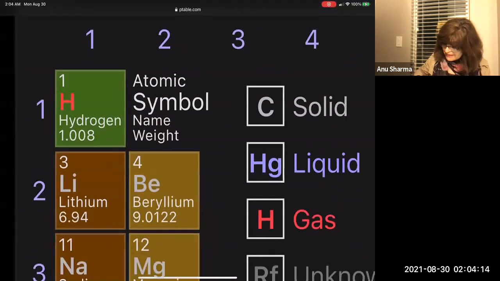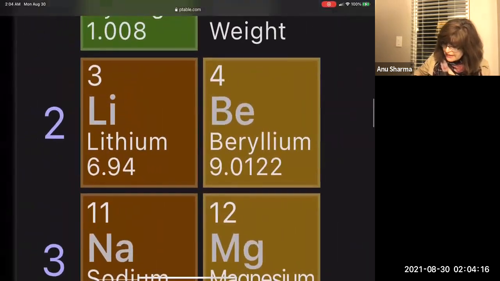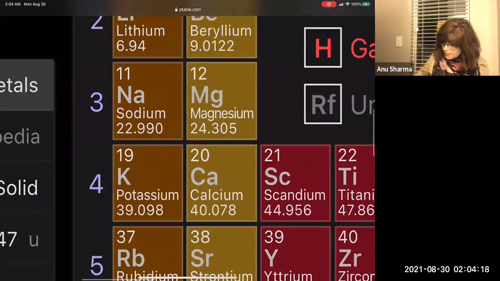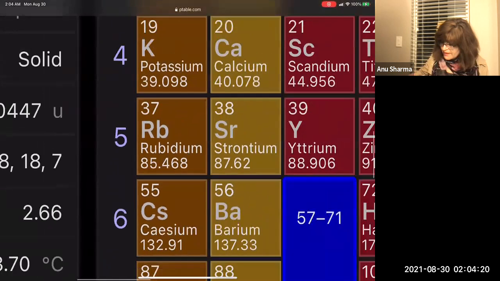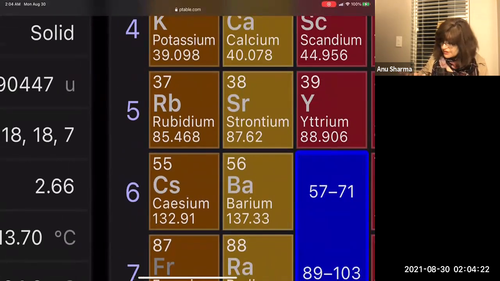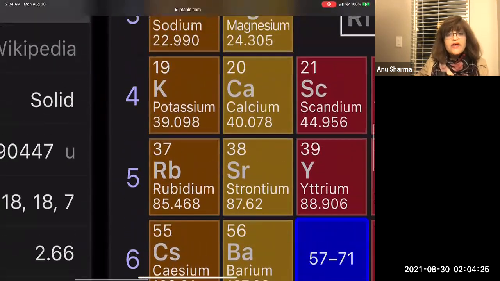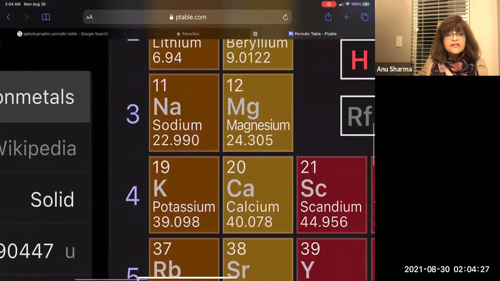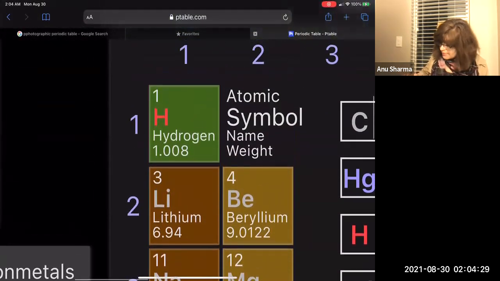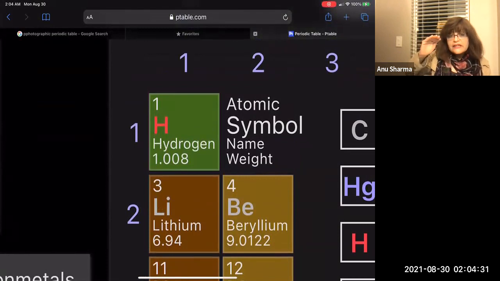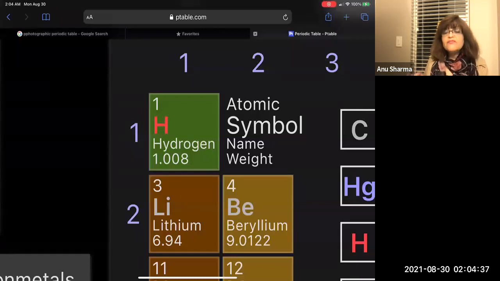All these elements: hydrogen, lithium, sodium, potassium, rubidium, and cesium. We talked about those shells, right? One electron is present in the last shell. That is why all of them are placed in group 1A. That means they will form only one bond, which means they will have +1 charge.